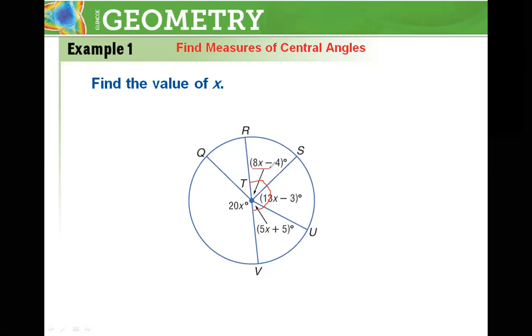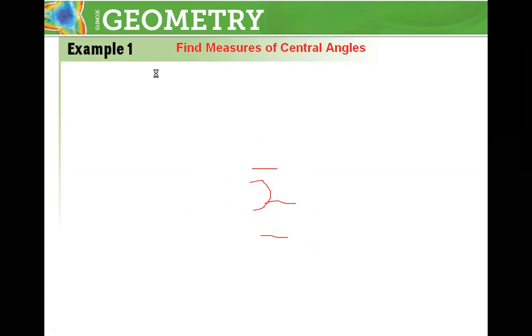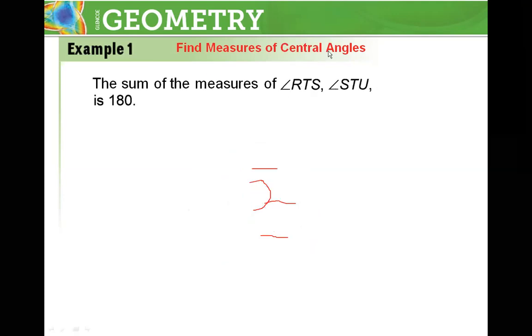The first angle equals 8x minus 4, plus the second angle 13x minus 3, plus 5x plus 5.